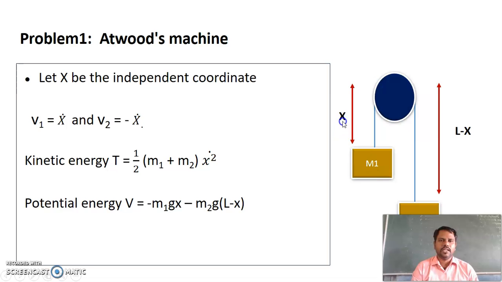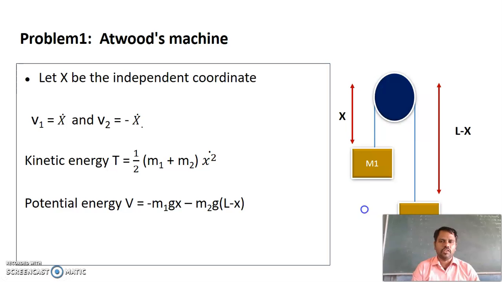We see that it has only one coordinate, x. So let v1 equal x dot be the velocity of mass m1, and v2 equal minus x dot be the velocity of mass m2.